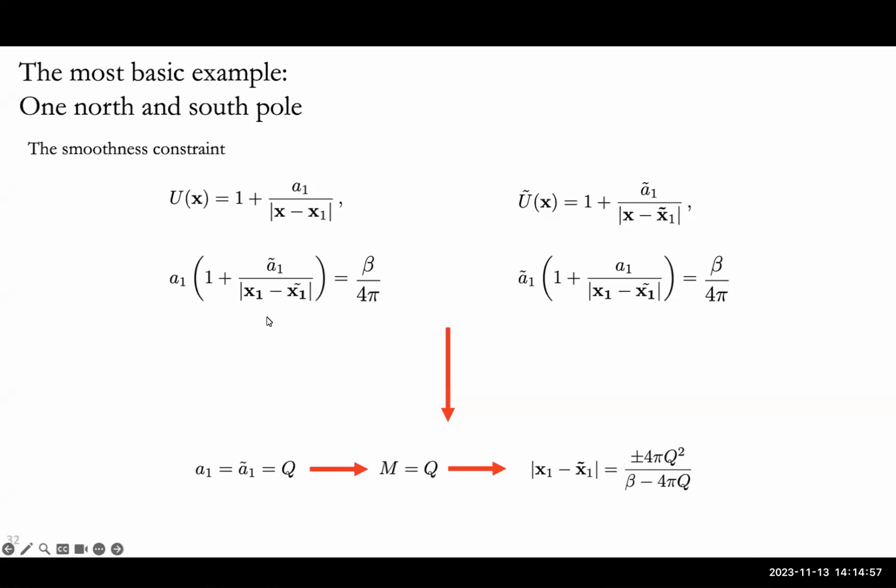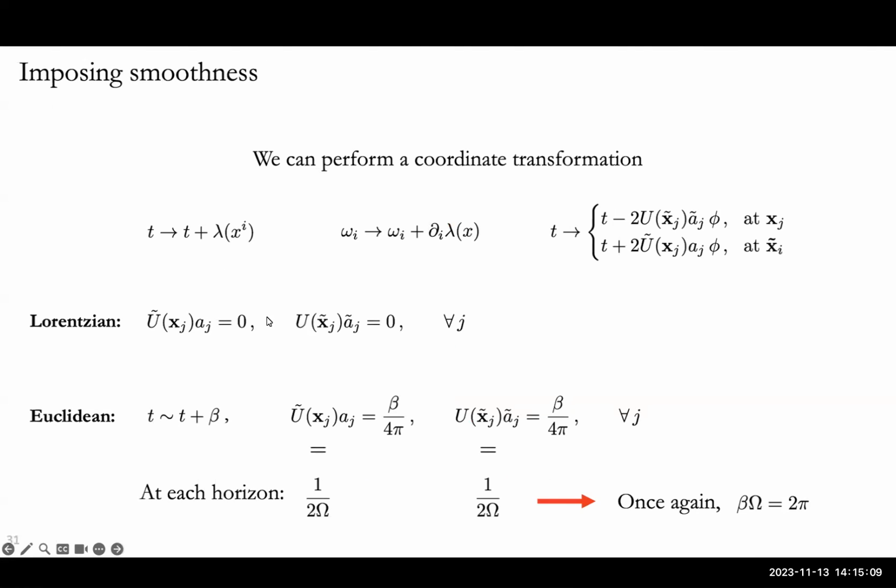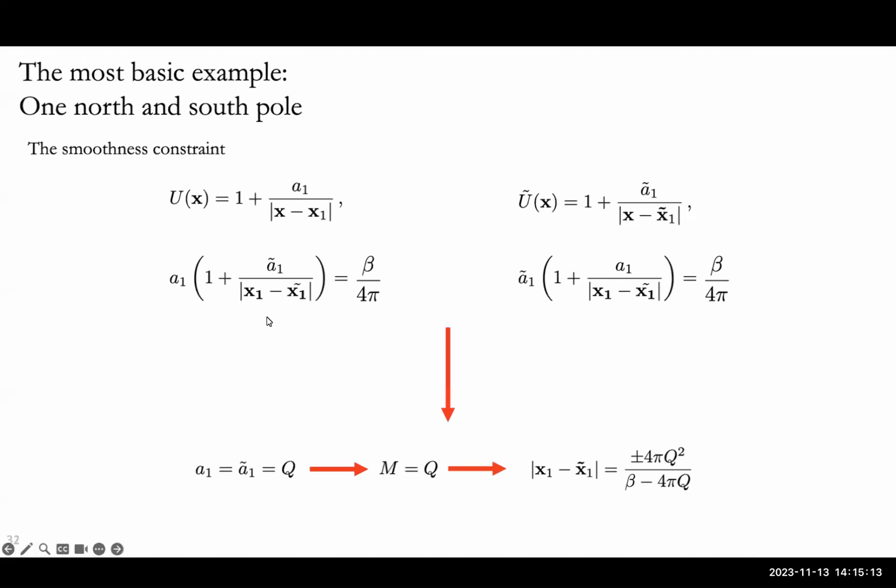And one can also compute the ADM mass of these solutions. The ADM mass of these solutions has the property that it's equal to Q. And one can also see from these smoothness equations, namely from this equation and this equation, that the distance between the pole of U and the pole of U tilde is fixed to this value that depends on Q and beta.